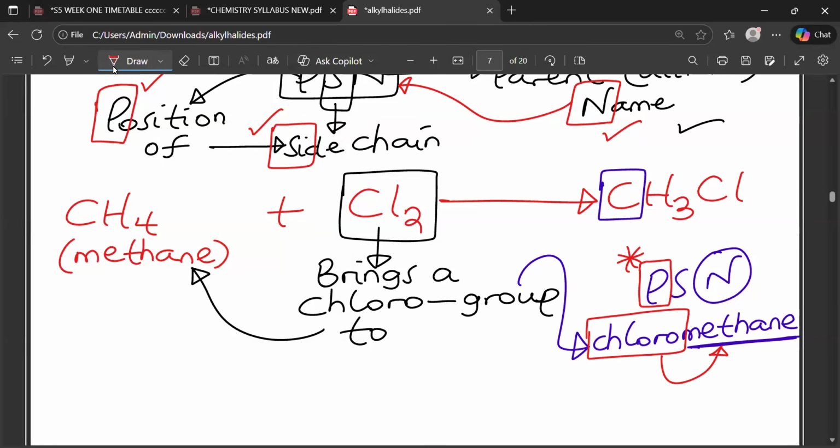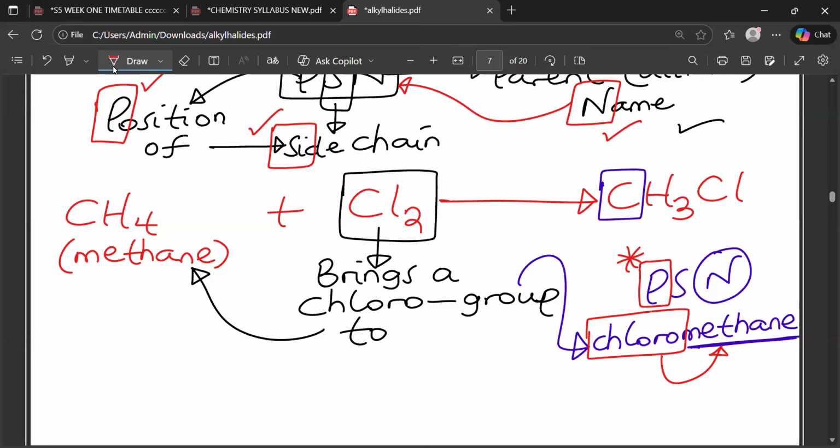I'm not going to over repeat the basics of nomenclature. I said it all in the introduction. For you to mention position, it should be necessary. How do you know it is necessary? When the Cl maybe can occupy more than one position. But for this case, the Cl can only touch one carbon. There is no other carbon, it is one.